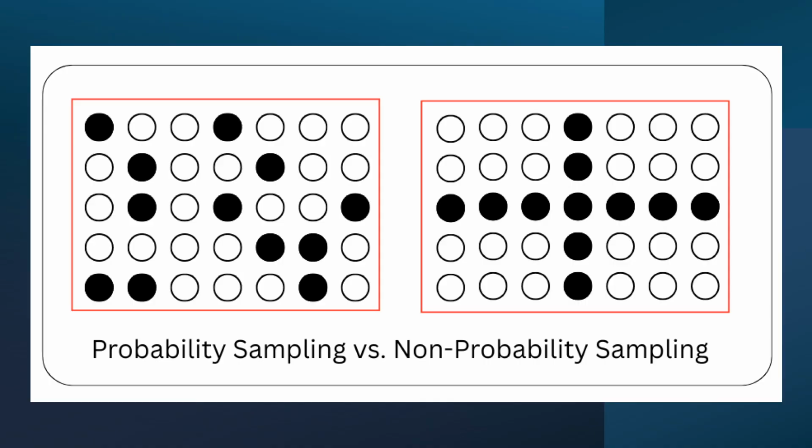One is a purely chance-based method called probability sampling, and a non-chance based, or judgment based, or subjectivity based method called non-probability sampling.